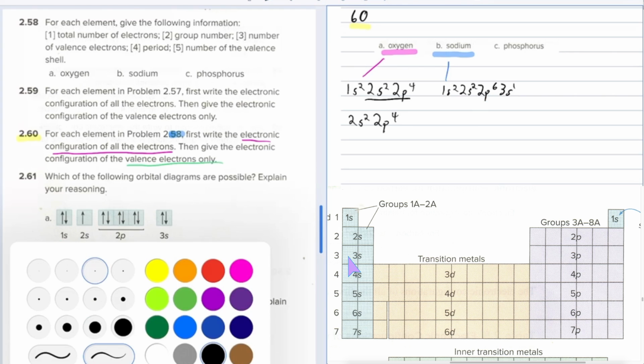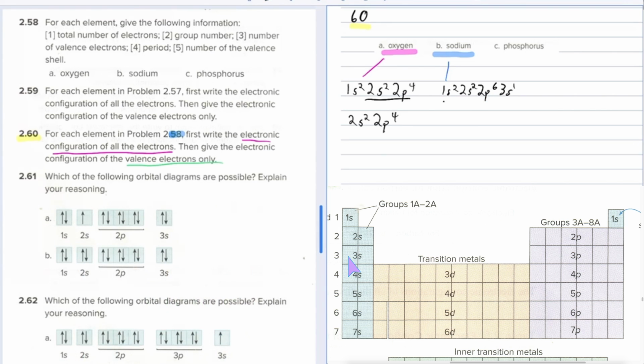So you do the previous noble gas, and then 3s1. So either of these are the full electron configuration. Now the valence electrons are going to be the highest energy level, so that's that 3s1 electron right there. And so the electron configuration of the valence electron is simply 3s1.